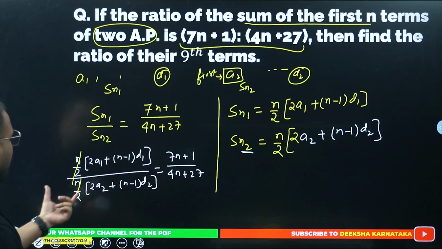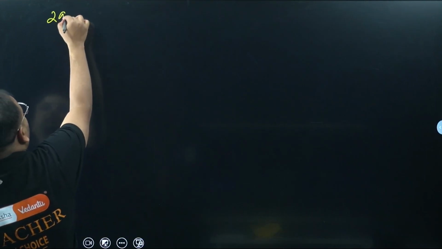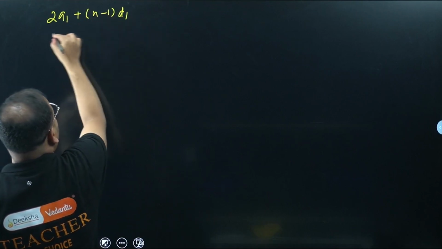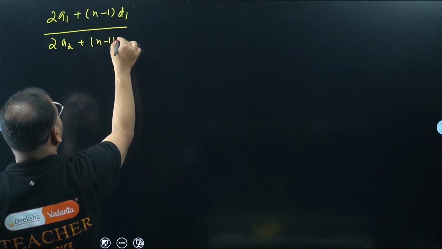Now what is left? Numerator, 2a1 plus n minus 1 times d1. Denominator, 2a2 plus n minus 1 times d2.